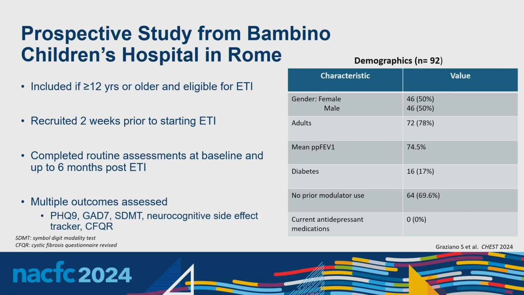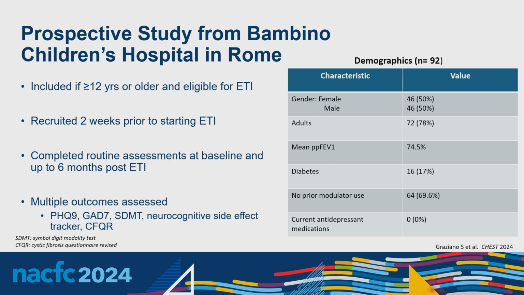Some of these outcomes included PHQ-9, GAD-7, SDMT, which is the symbol digit modality test, and this is looking at processing speed, working memory. They asked patients about neurocognitive side effects, and they asked about CFQR.